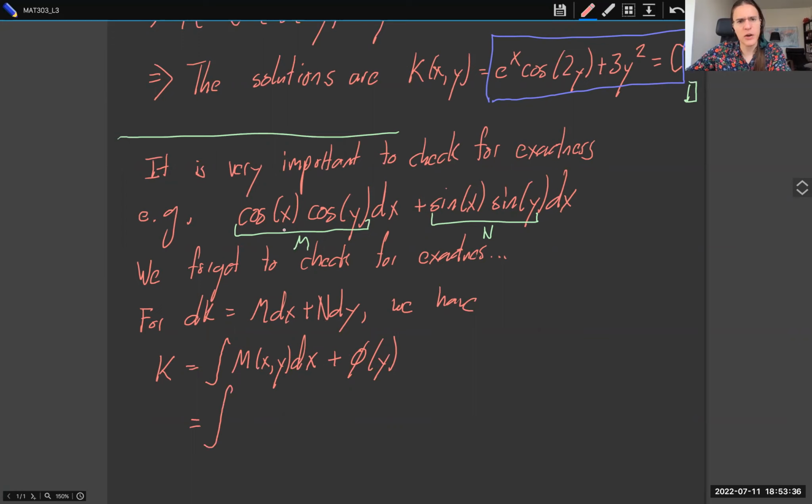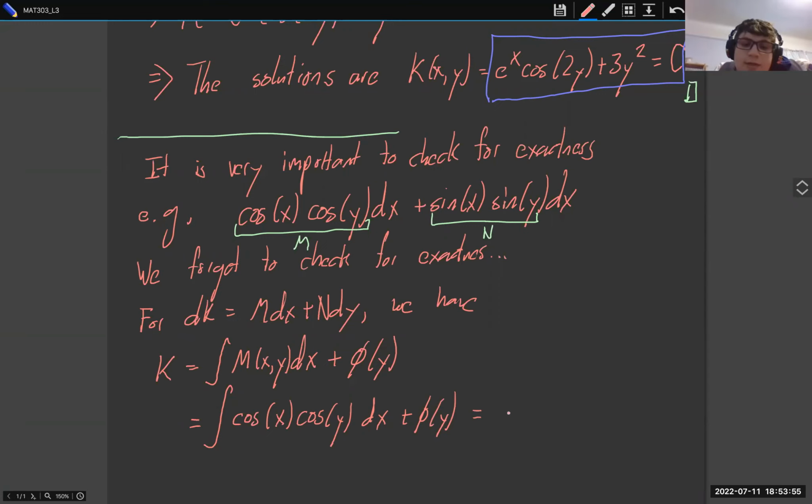So we're treating y as a constant, and when we integrate cosine, what do we get? It's just sine x cos y.